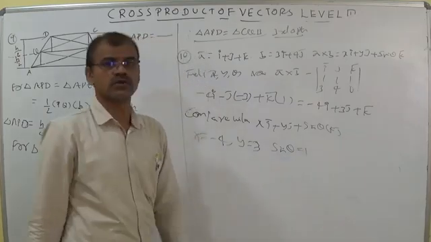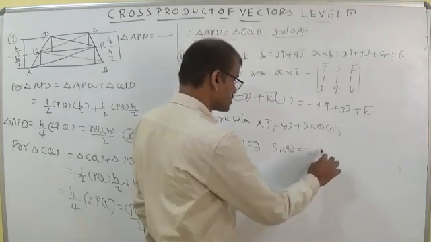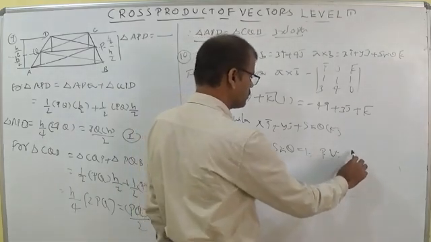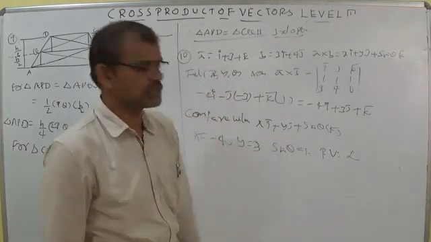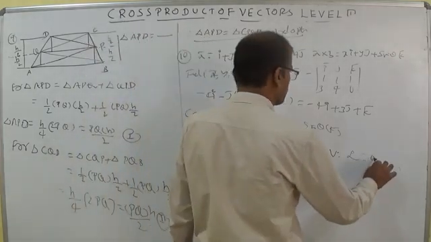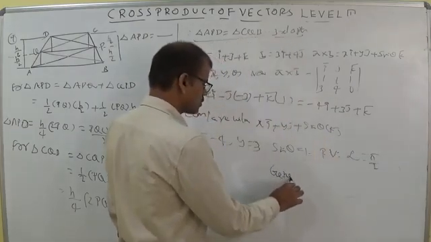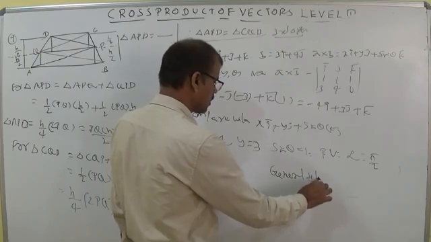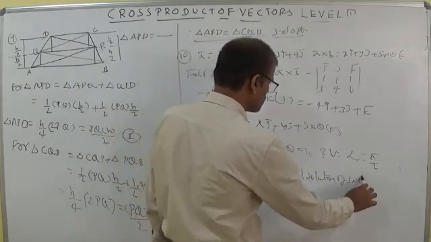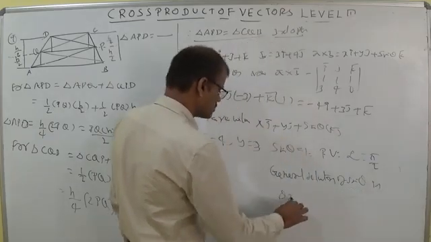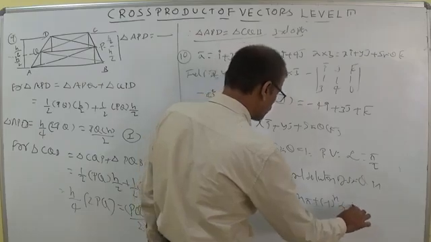Whenever sin theta is equal to 1, we know that sin 90 is equal to 1. You can say here the principal value, PV means principal value or principal solution, alpha is equal to pi by 2. We know the general solution of sin theta according to trigonometric equations: theta is equal to n pi plus minus 1 whole power n into alpha.